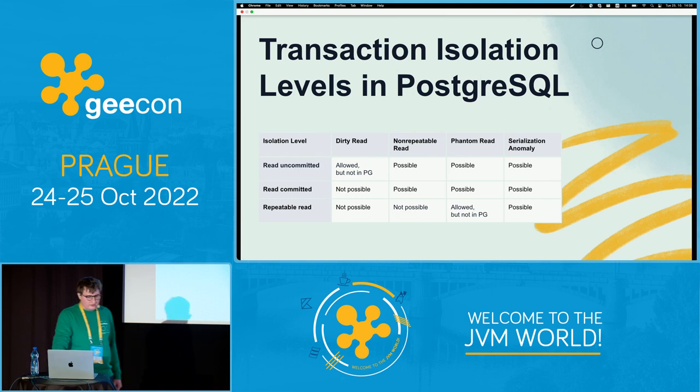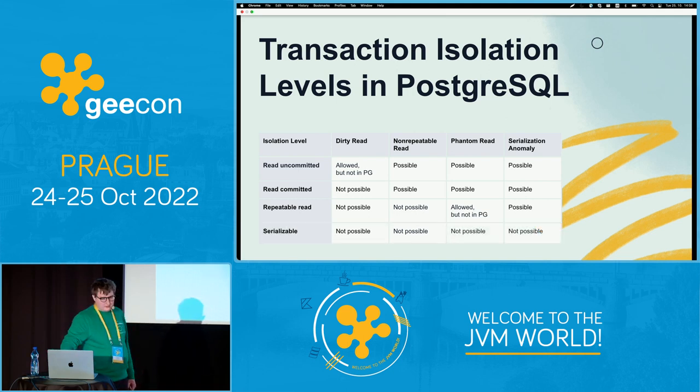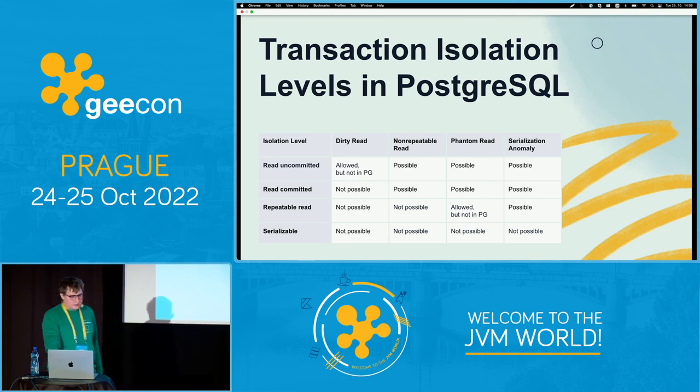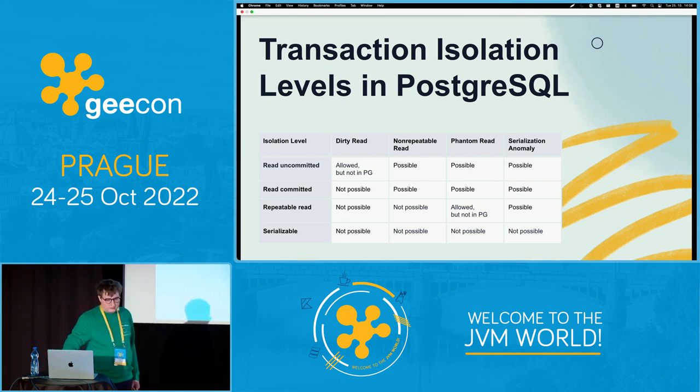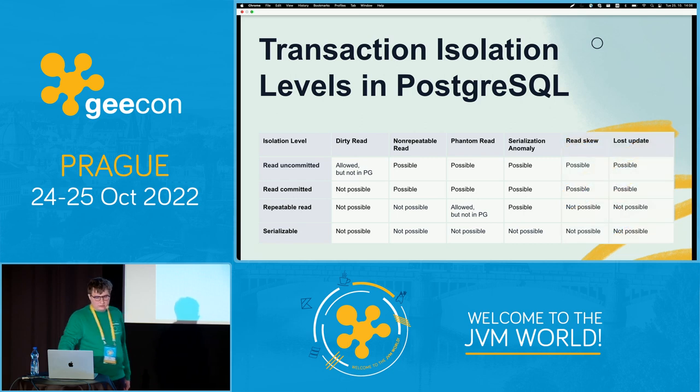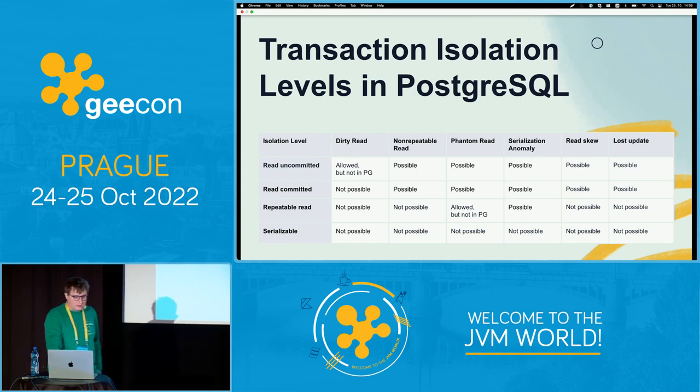Also in Postgres, it doesn't allow phantom reads. And serializable isolation level does not allow all these anomalies. Also, if we add those read skew and lost update, you will see that they were possible only for read committed. For other transaction isolation levels, those anomalies are not allowed.